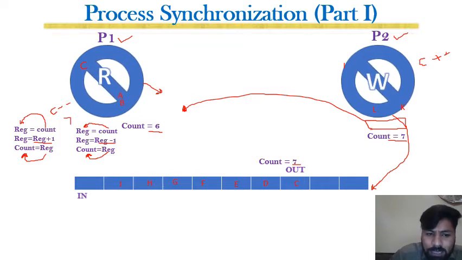So at the same time 7 was assigned to this register, as well as to this register. Then this value has been incremented, register plus 1, so the register's value becomes 8 here, and here the register value becomes 5. Now the register's value is 5.